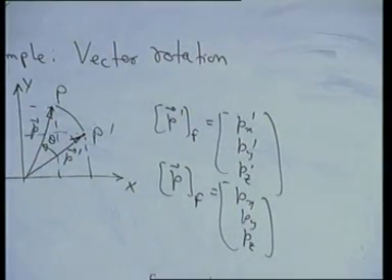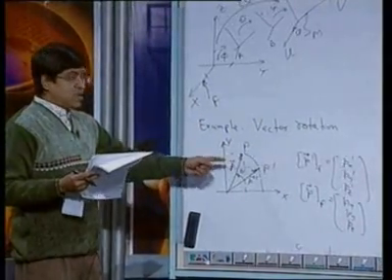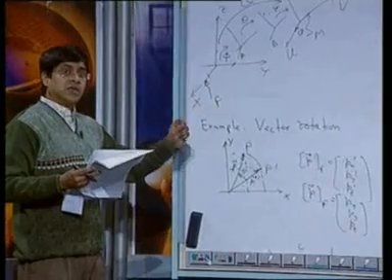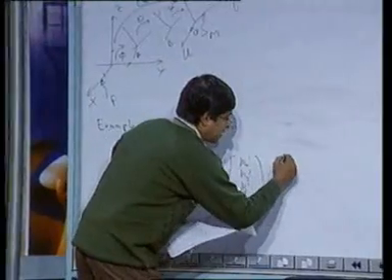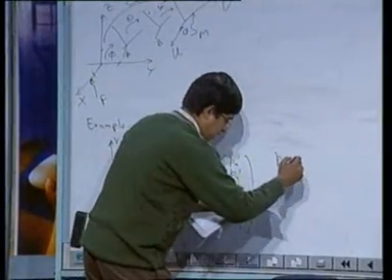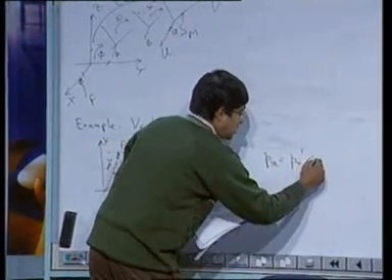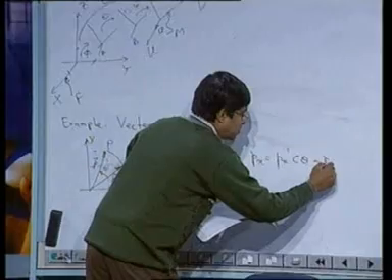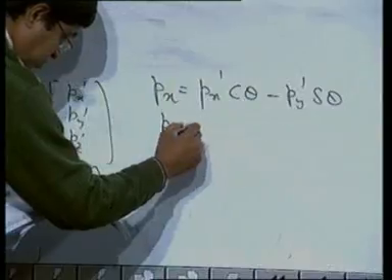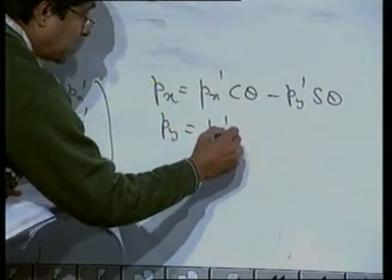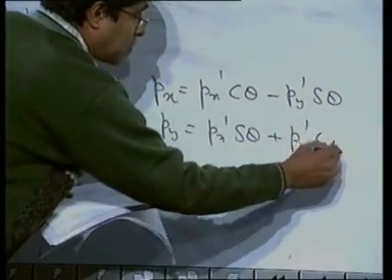The way we derived our direction cosine matrix, writing the moving coordinates and relating them to the fixed coordinates, similarly we can write p x as p x prime cos theta minus p y prime sin theta, and p y is equal to p x prime sin theta plus p y prime cos theta.